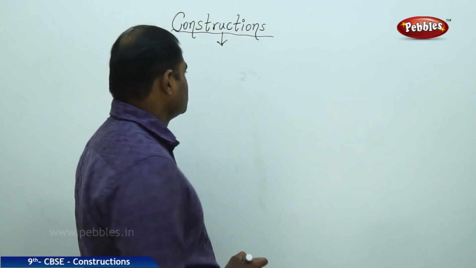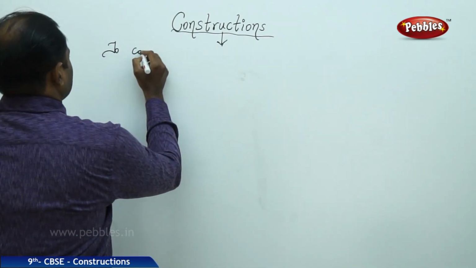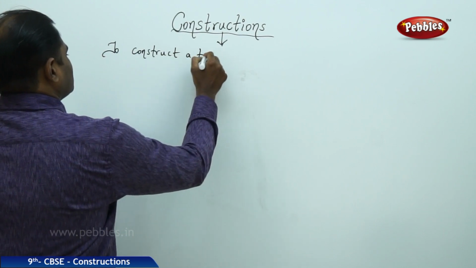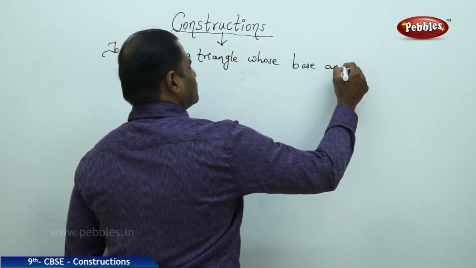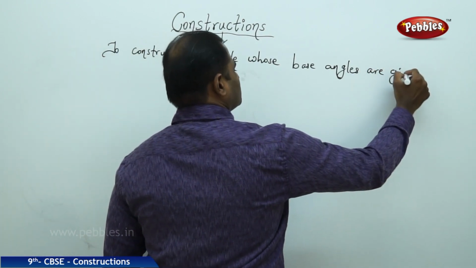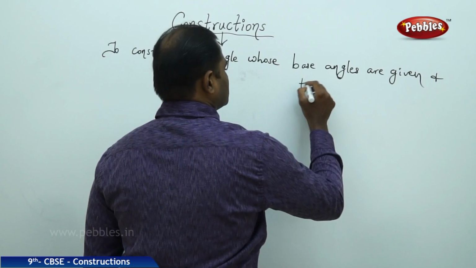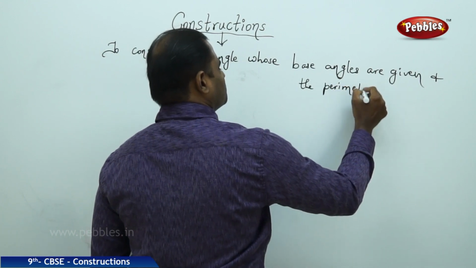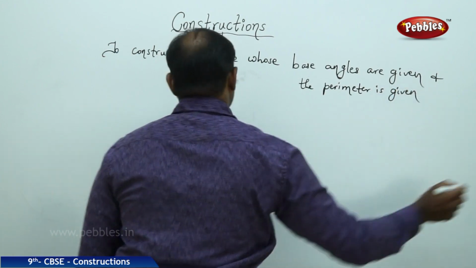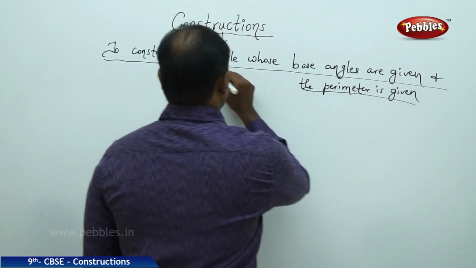This session is about constructing a triangle whose two base angles are given, not the third base angle, but only the base angles are given, and the whole of the perimeter, that is, the sum of all sides of the triangle, is given.